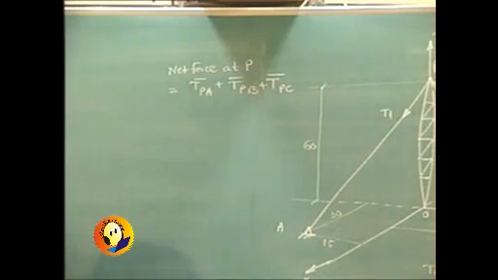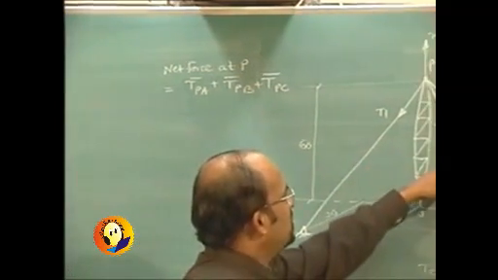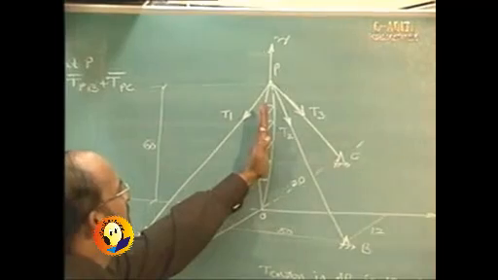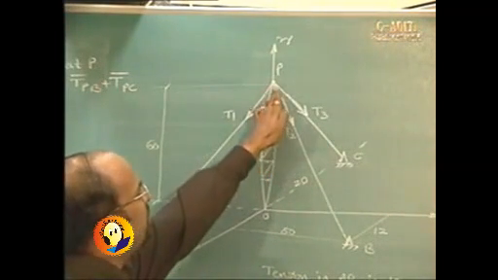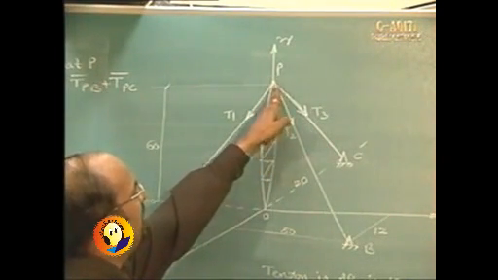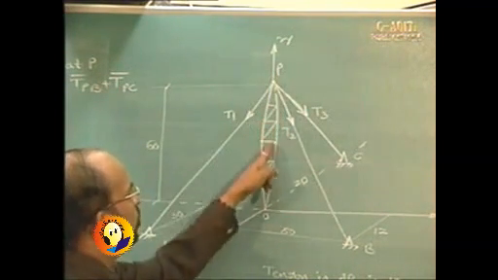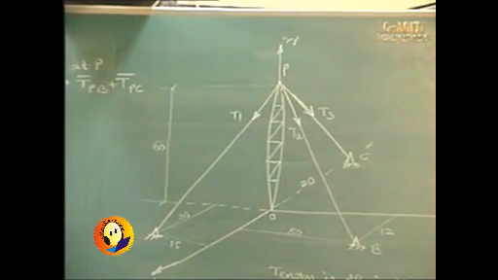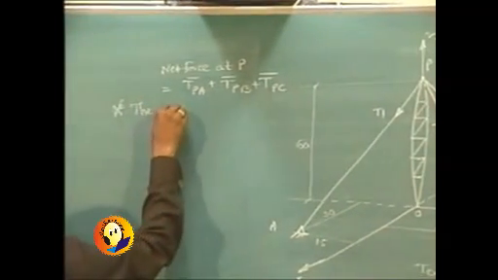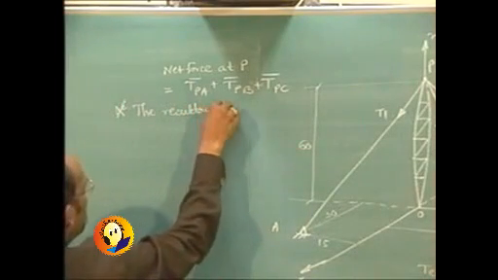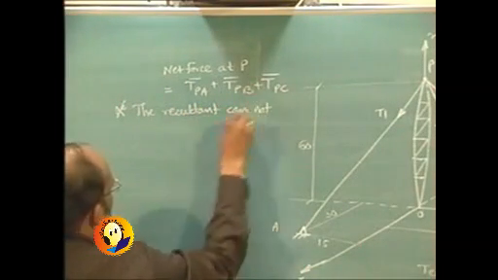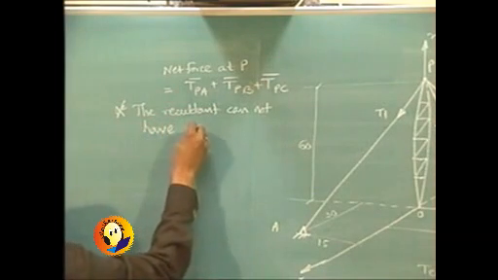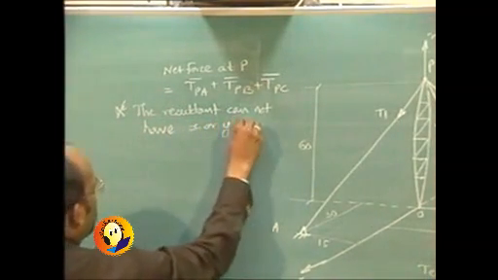Now also the fact remains that the purpose of the guy wires is to hold this particular pole in the vertical direction. So the resultant force at P must have the direction along Z axis, that too downward. There should not be any component along X axis or Y axis. So we will also say that the resultant cannot have X or Y component.